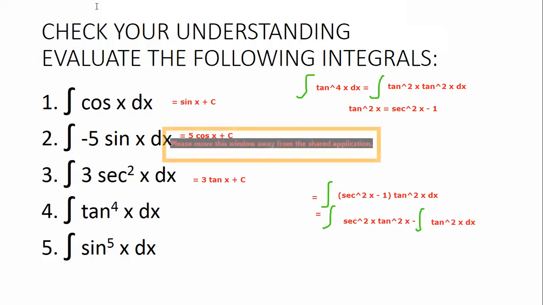Okay, so we have here another tangent squared x. So we're going to replace this another by this identity. We don't forget the dx here.